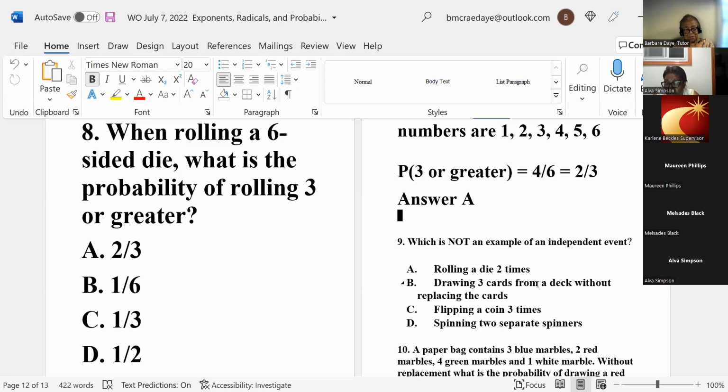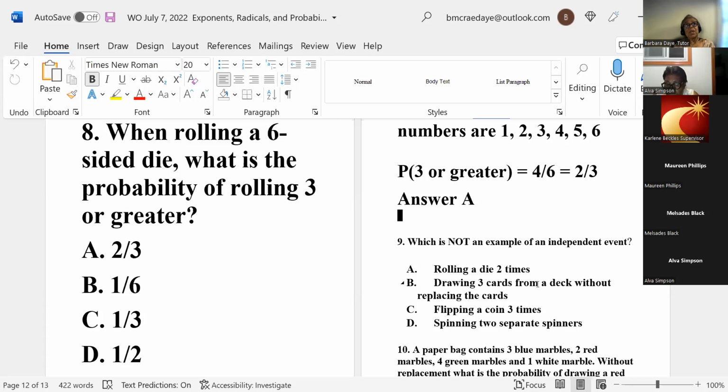If you're trying to get a certain card from a deck and you take out some cards, then what you take out on the second draw is dependent upon what you took out the first, because now your total is less.